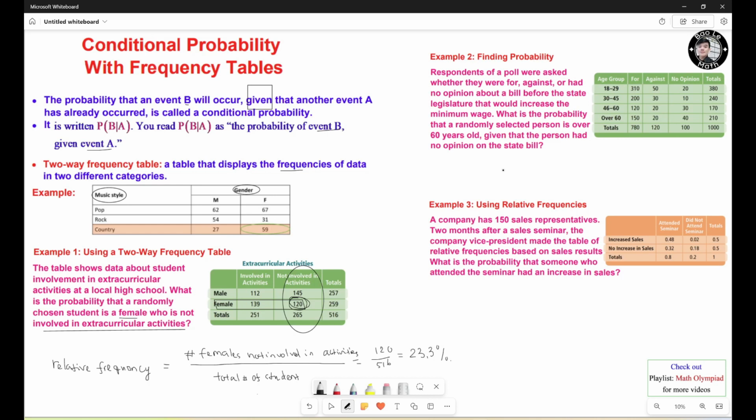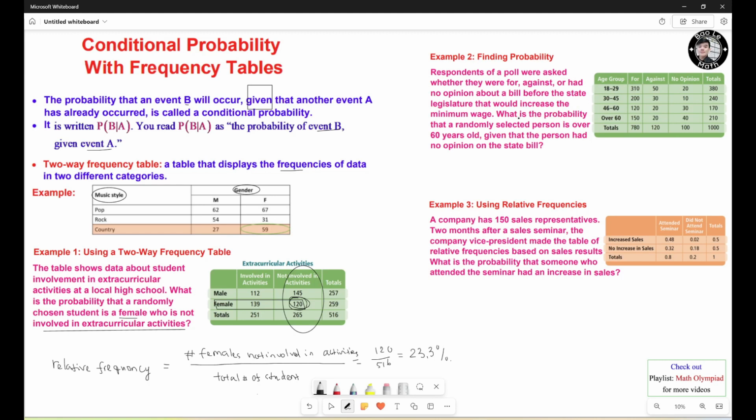Now let's move on to the second example. Find the probability given the table right here. Respondents of a poll were asked whether they were for, against, or had no opinion about a bill before the state legislators that would increase the minimum wage.